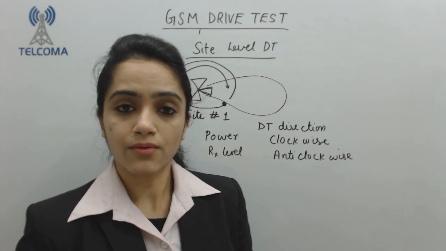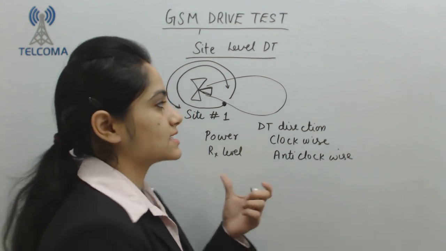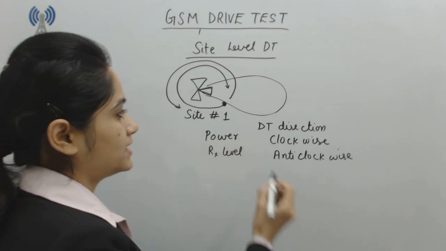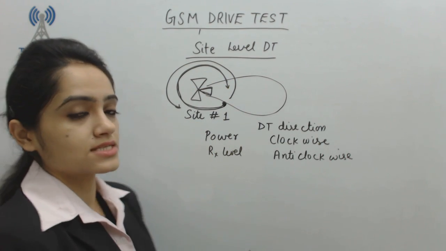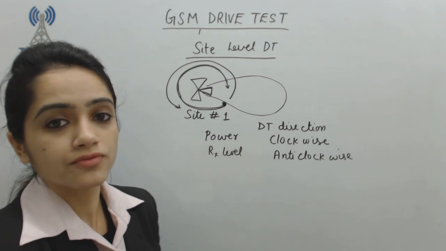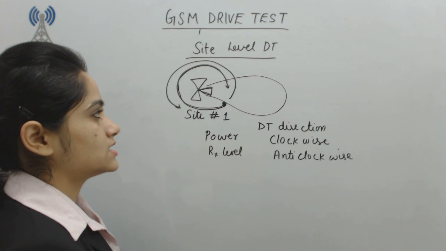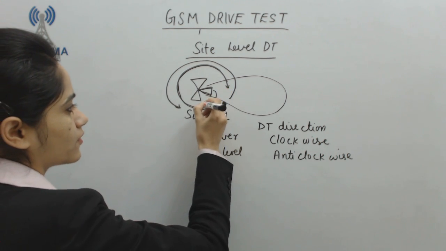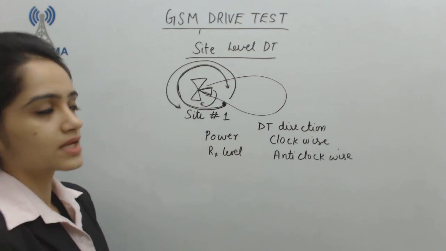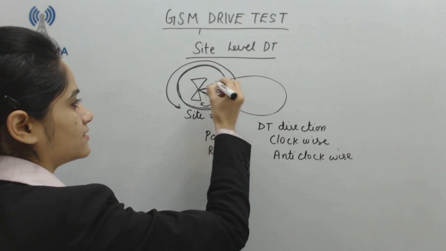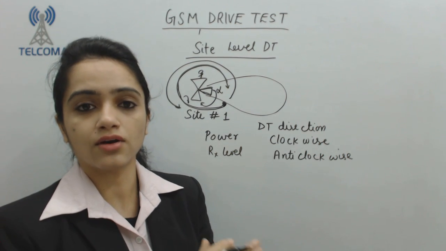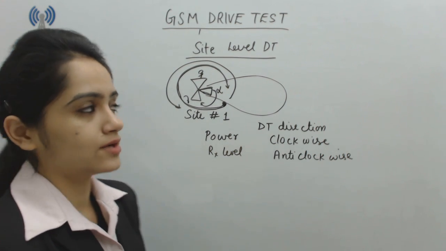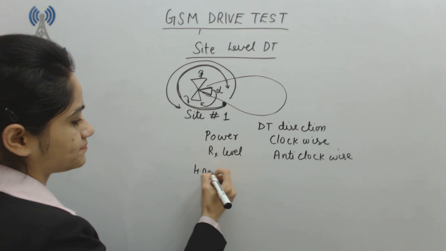So I require to measure the parameters of a single site itself, but I require to move around this site. Why do I require to move around this site? Because it is required to check handover from one cell to another cell. If you are passing from alpha to beta or beta to gamma, is the handover successful or not?